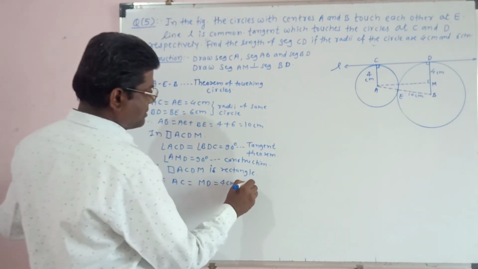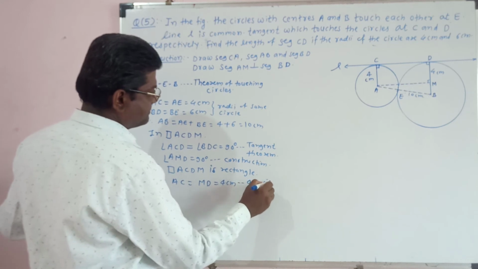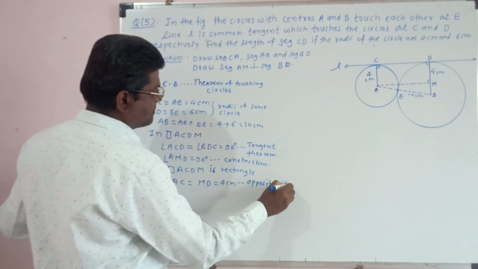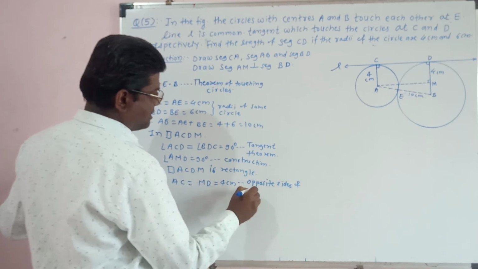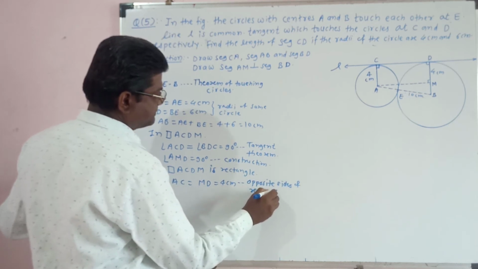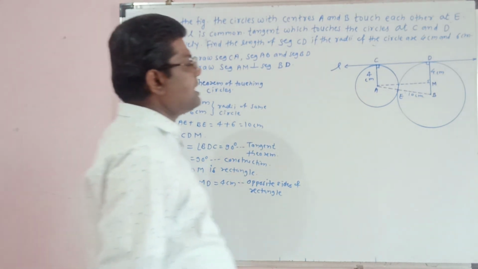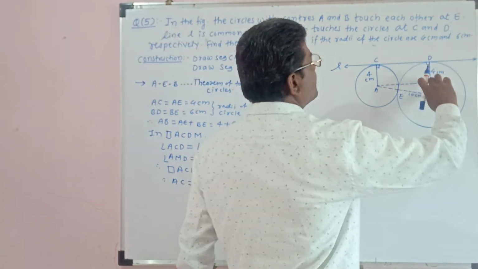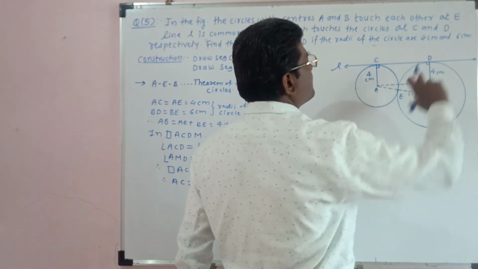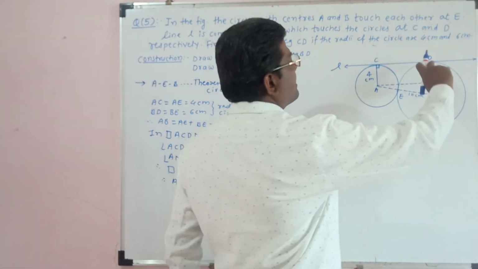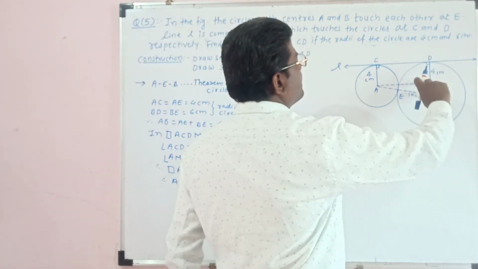Reason is opposite sides of a rectangle. Now let's find the distance BM. BD is 6 centimeters and DM is 4 centimeters.